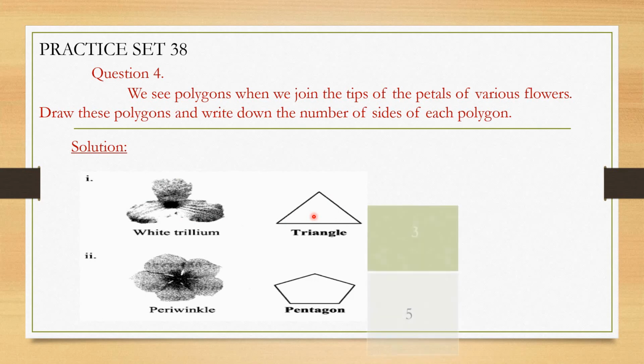The second flower is periwinkle, and when we join the tips of its petals, you will get the shape of a pentagon, and the number of sides of a pentagon is 5.